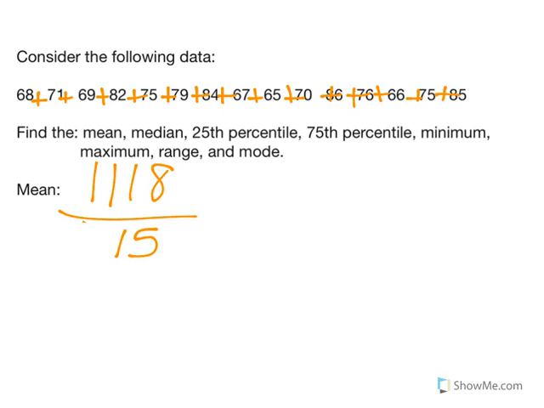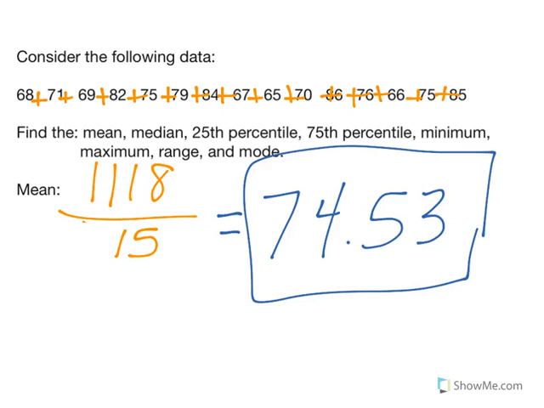So the sum on top divided by the total number of data points gives us our mean of 74.53. Now I rounded to the nearest hundredth. I don't have directions on here, so you want to make sure that you're paying attention to rounding rules. But that's how we get the mean.